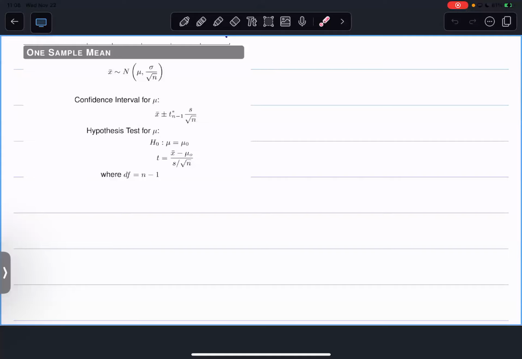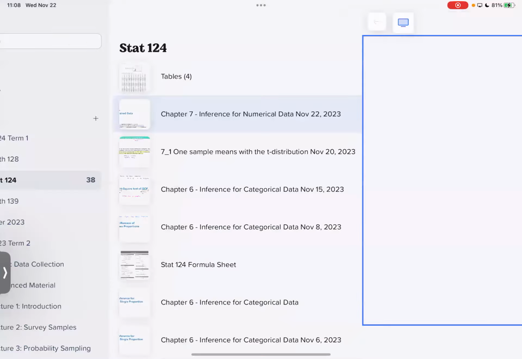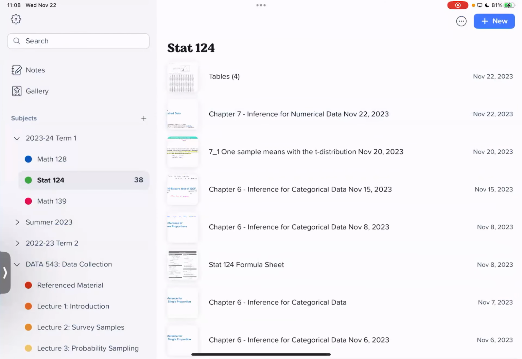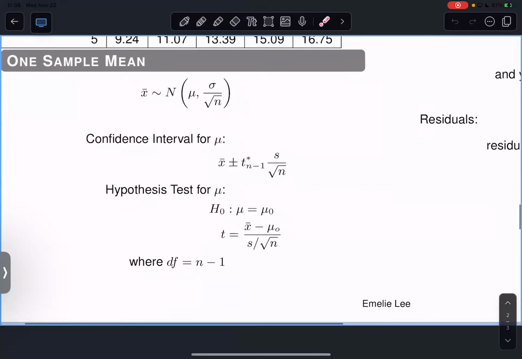So today, we're going to talk about paired data.